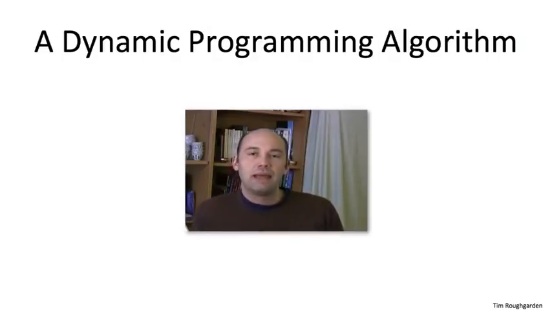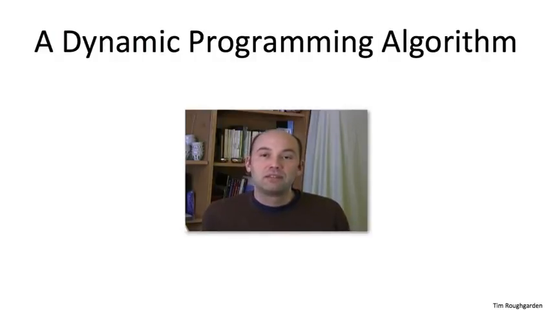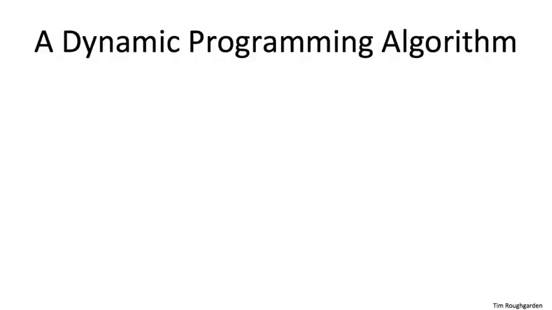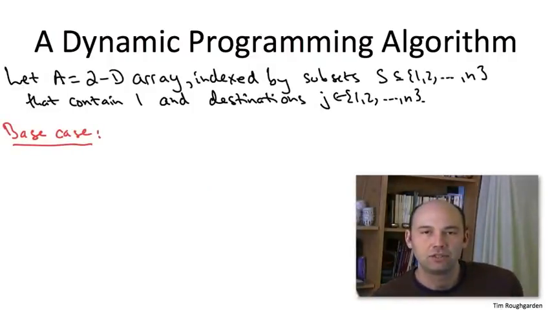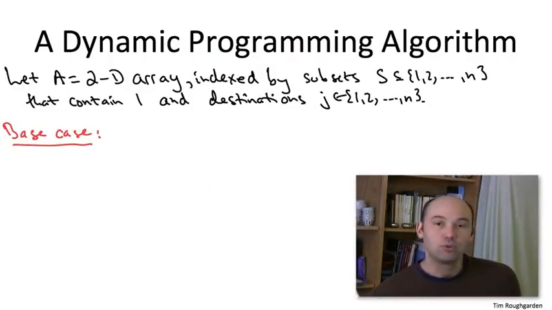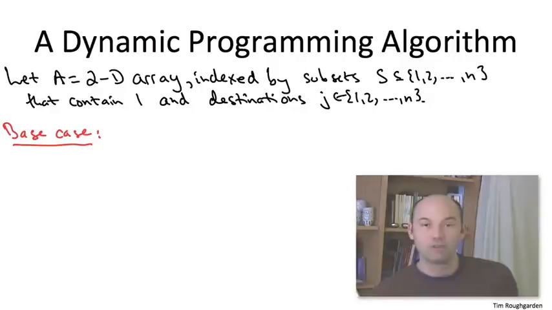We have a two-dimensional array, two dimensions because we have two indices for each subproblem, one specifying the final vertex j, the other specifying the set capital S. It turns out we can get away with a pretty small set of base cases. We're only going to need to pre-compute the entries of the 2D array in which the final destination j equals 1, the same as the starting vertex.